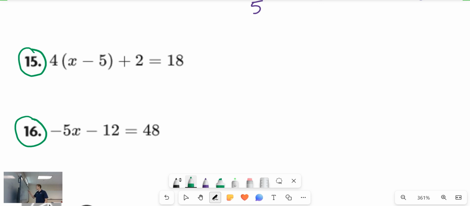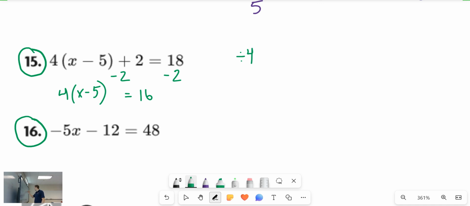So we have to subtract 2 first. So if we subtract 2 from both sides, we're going to get 4x minus 5 equals 16. All right. Then we're going to divide both sides by 4.